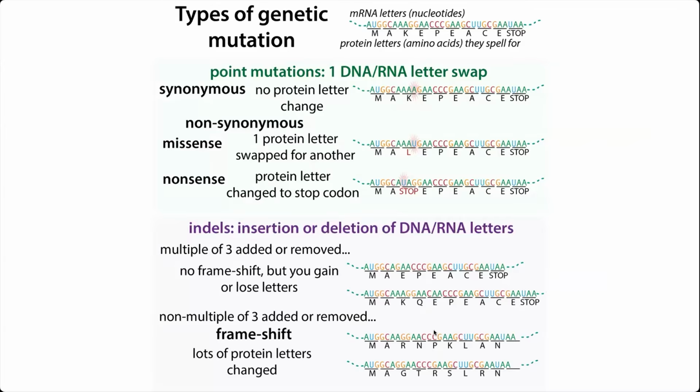So when we talk about mutations at the genetic level, we can refer to things like synonymous and non-synonymous, as well as frame shift mutations. We're talking about changes in the DNA that may or may not alter the protein that they encode.